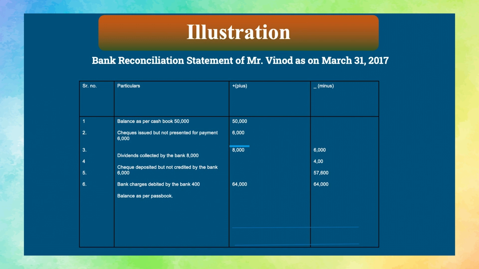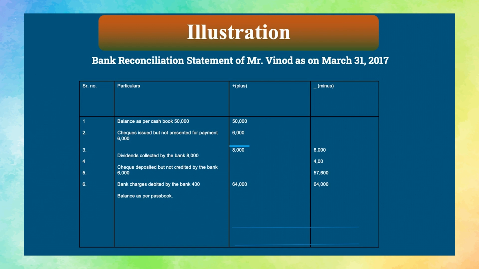Now come on point number 3, dividend rupees 8,000 received by bank on our behalf. Therefore, our passbook excess with rupees 8,000 and we have to add it back in our cash book to reconcile cash book with passbook.